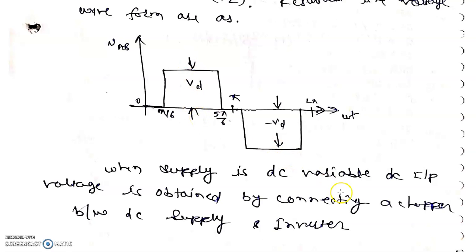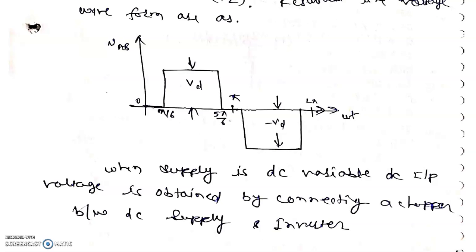When the supply is DC, a variable DC input voltage is obtained by connecting a chopper between the DC supply and the inverter. So this VD can be controlled by controlling the DC supply, and for that we require a variable DC supply. How can we get the variable DC?